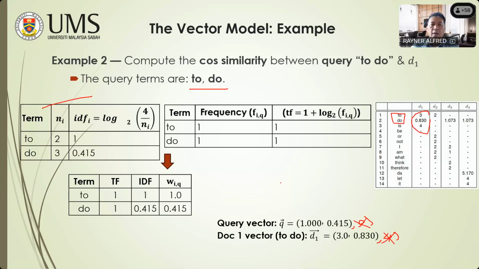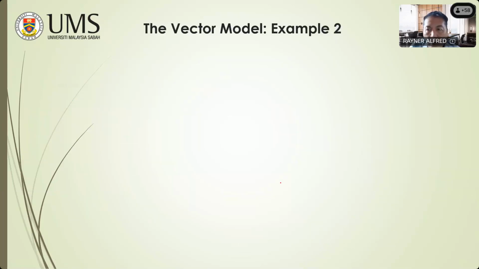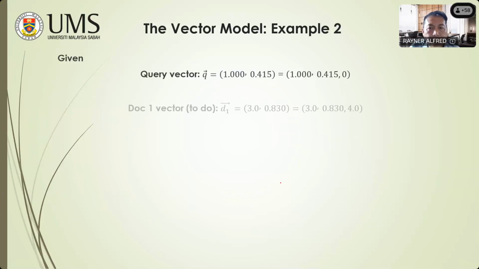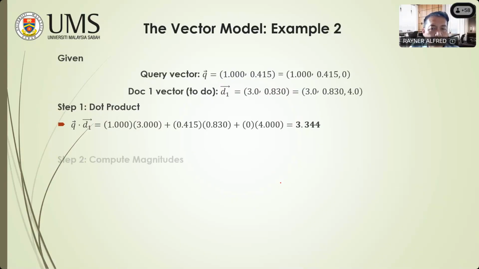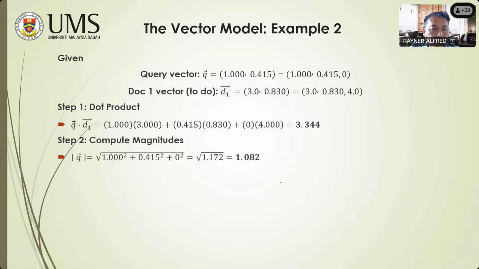Okay, so given these two vectors, we can simply perform the dot product and compute the magnitude, the length of the query.